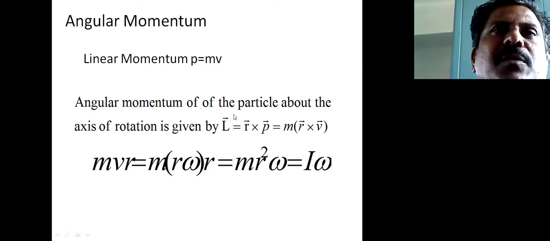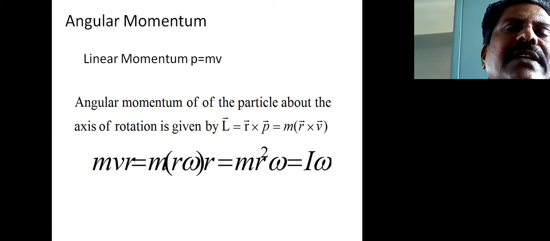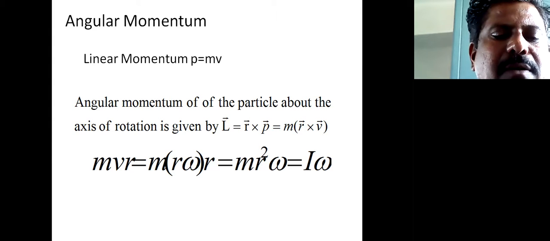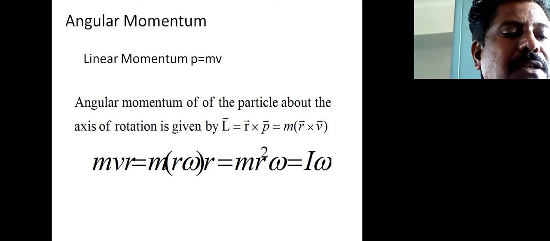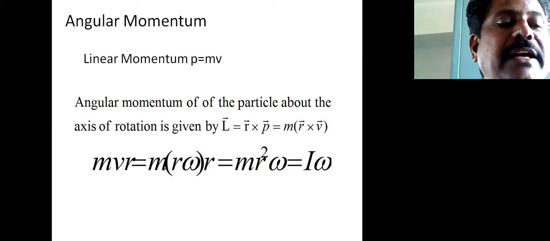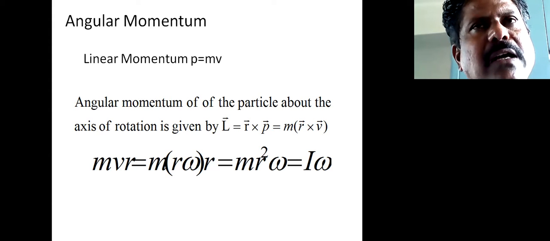Okay. Now what about angular momentum? For angular momentum, this is a simple concept. Again, I think you have already learned it in your previous classes. The angular momentum of a particle or an object is a simple one.